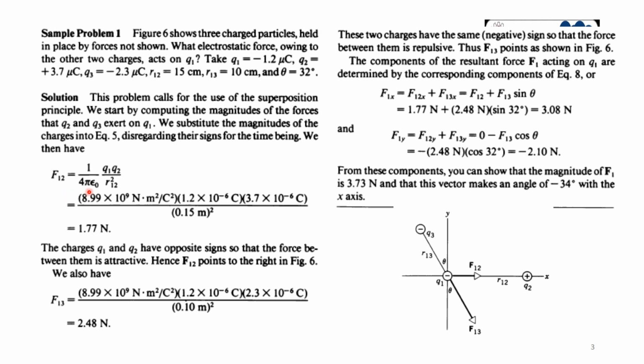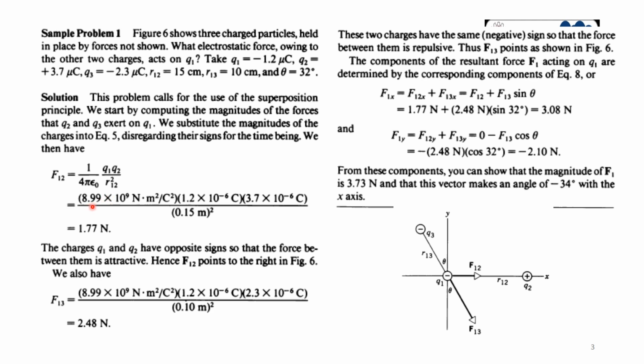F12 is equal to K Q1 Q2 over R square, means force between charge 1 and charge 2. If we choose the force between Q1 and Q2, we use F12, which will be equal to K Q1 Q2 over R square.